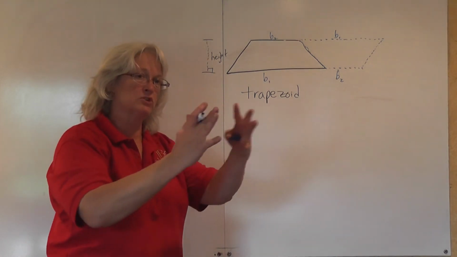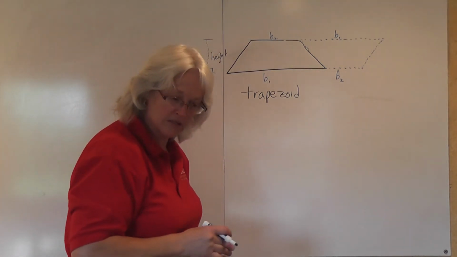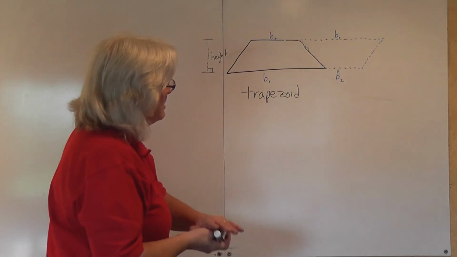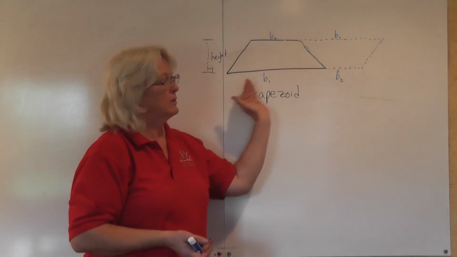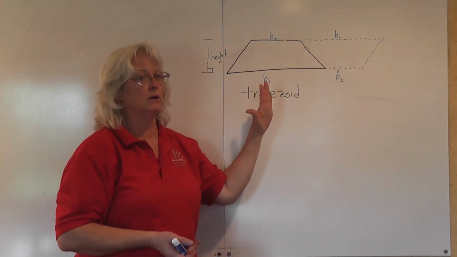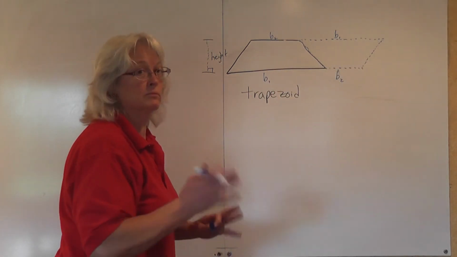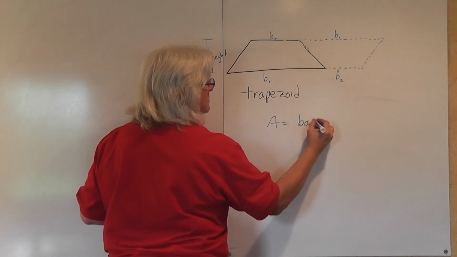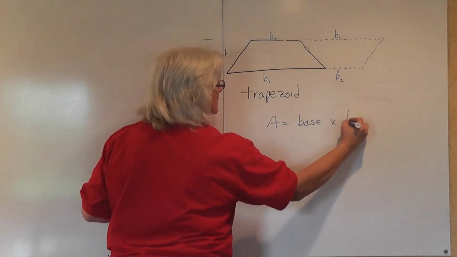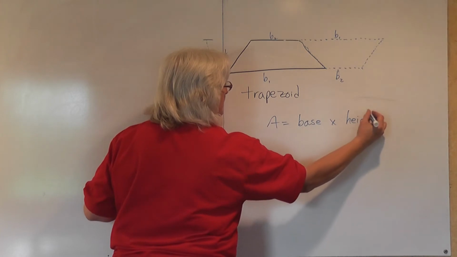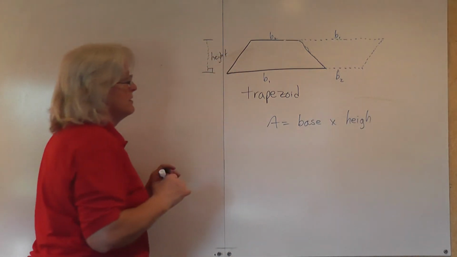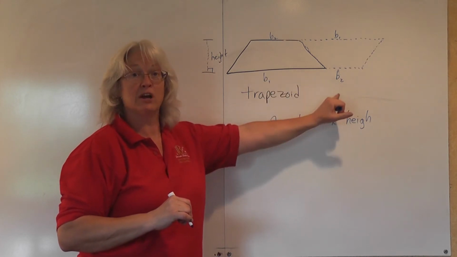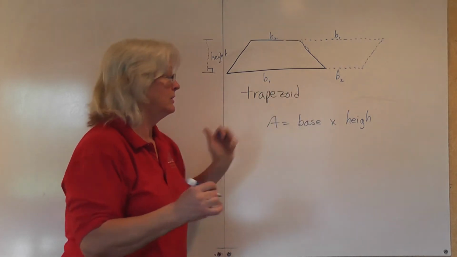Hang with me, I have to show you how we come up with this formula for the area of a trapezoid. We now have a parallelogram, right? The area of the parallelogram is equal to the base times the height. What is the base of this object equal to?